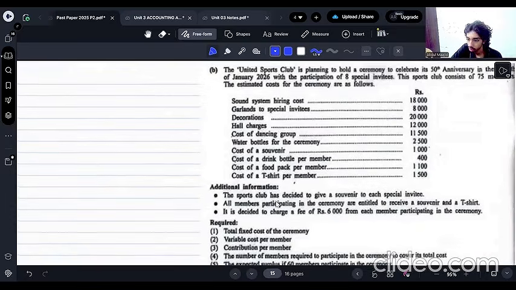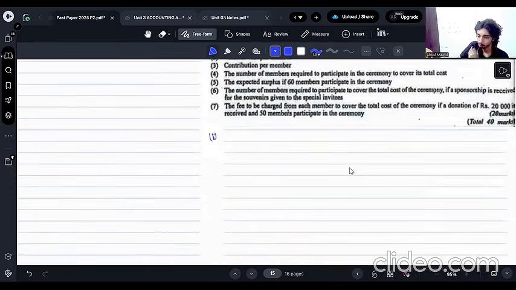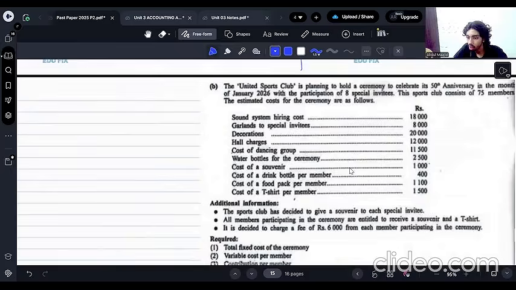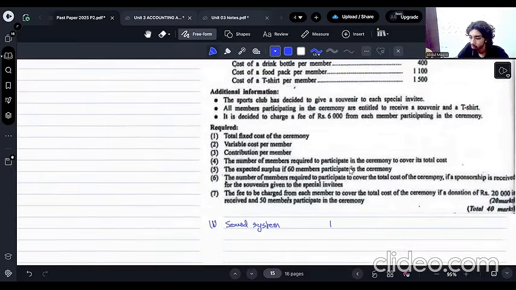The sports club has decided to give a souvenir to every special invitee. All the members participating in the ceremony are entitled to receive a souvenir and t-shirt. It is decided to charge a fee of 6,000. Sound system hiring cost, that is a fixed cost, 18,000.